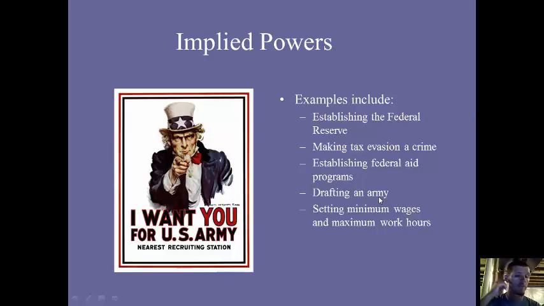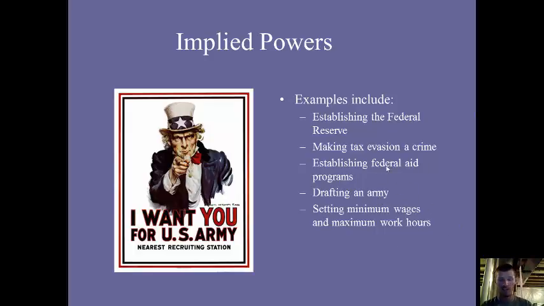Drafting an army. Nowhere in the Constitution does it say that Congress can draft an army or force people to enlist into the army. So this is something that they created. It really started during the Civil War. It happened during the Second World War. Happened again during the Vietnam War. Since then, there's not been a draft.